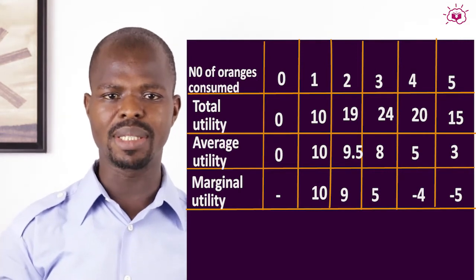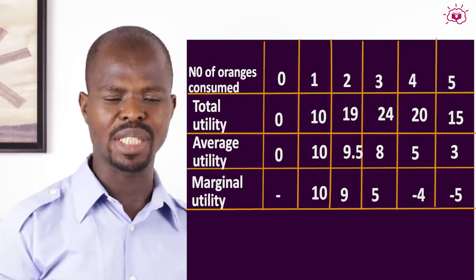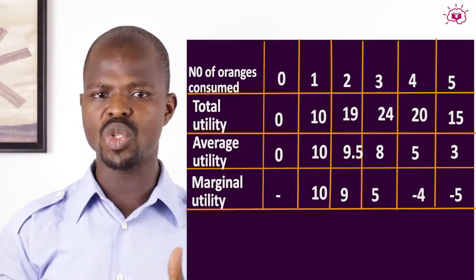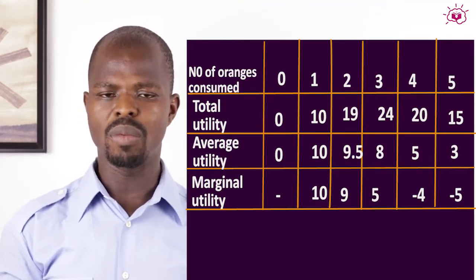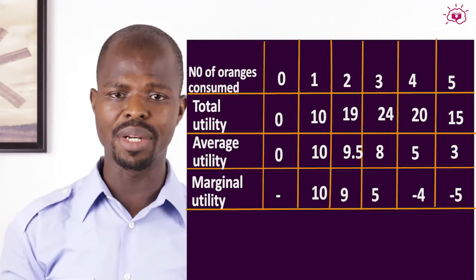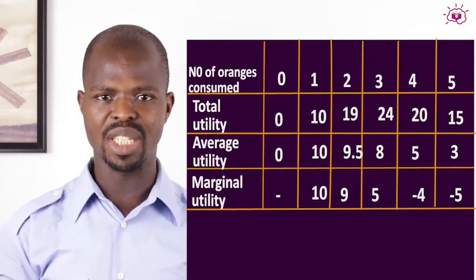Now, marginal utility is the extra satisfaction derived. Okay, let's look at it. When he sucked the first orange, compared to when he didn't suck any orange, there was no extra satisfaction derived.